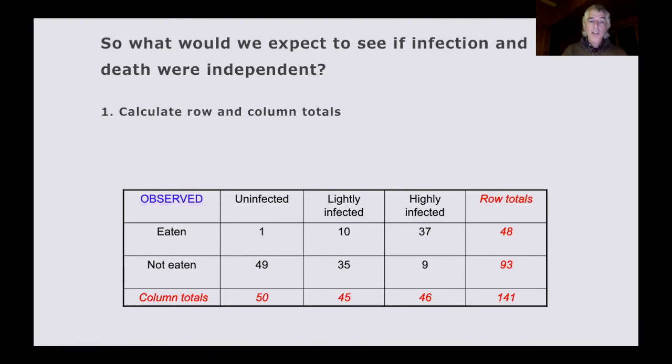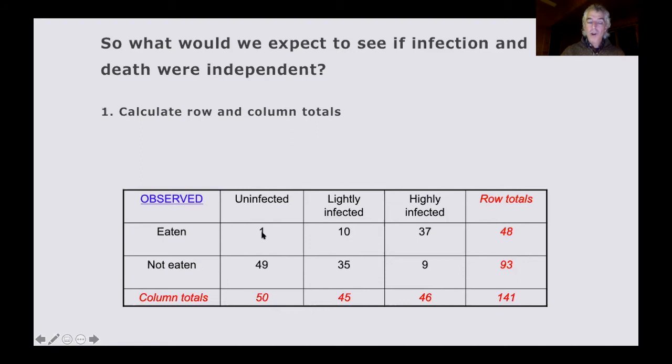Well, to do this for a contingency analysis, we need to consider both of the categories at once. So for example, the 3 different categories of infection and the 2 different categories of whether or not the fish were eaten. So the first step we want to take then in calculating our expected values is to sum up the number of observations in each row as well as in each column.